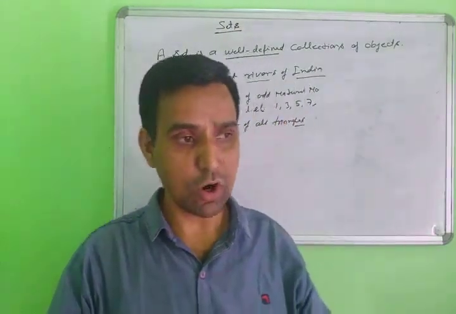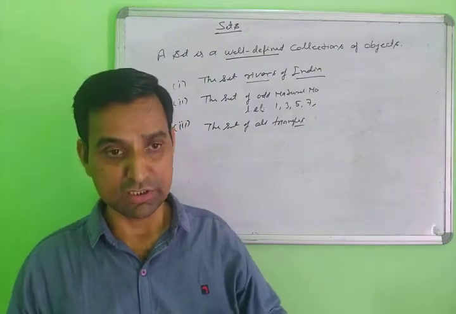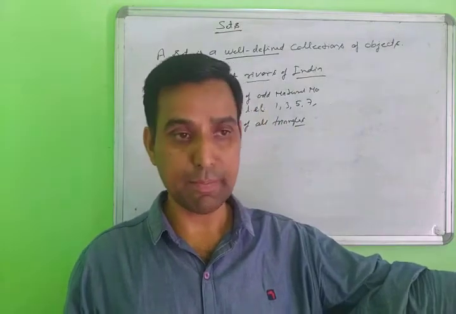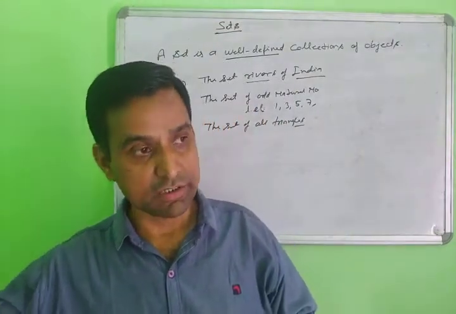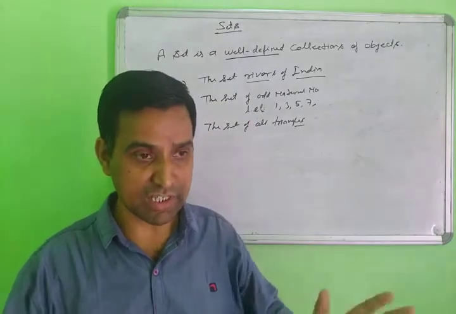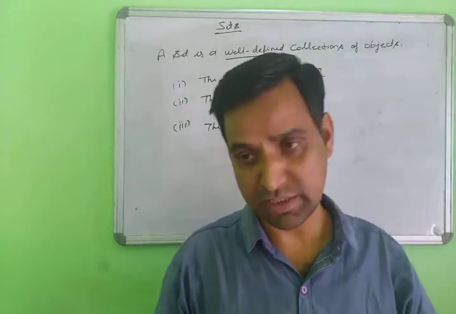So this does not make a set because this is person to person. Some like Sachin is the best, some like Sehwag is the best. I mean this is person to person. Different things means this type of collection does not make a set.